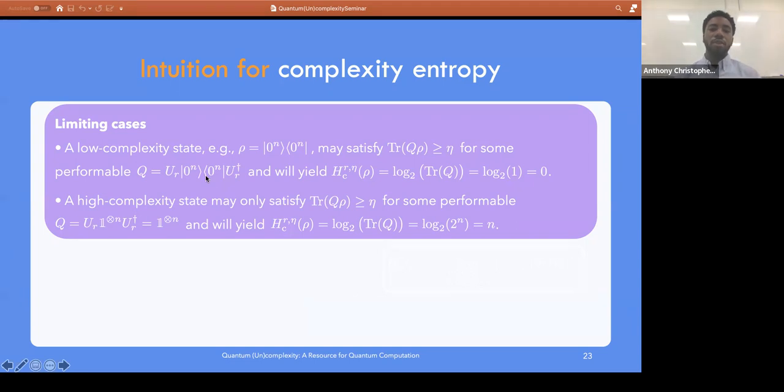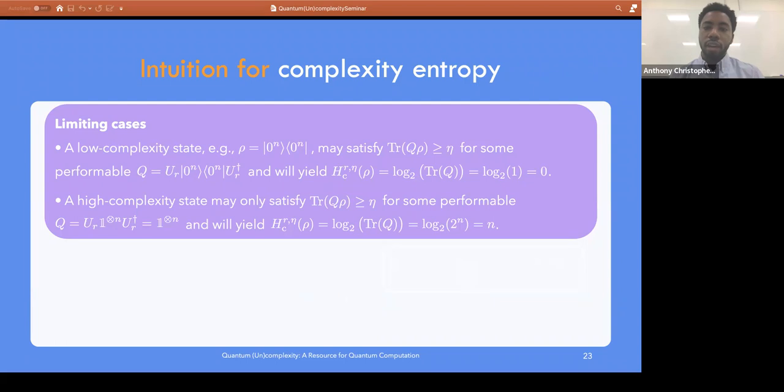We're very close to the all zero state already. In this case, the trace of Q is counting the number of qubits that we can project onto the zero state. If we feel quite confident that we're close to the zero state, then we'll still satisfy that bound, trace of Q rho greater than eta.